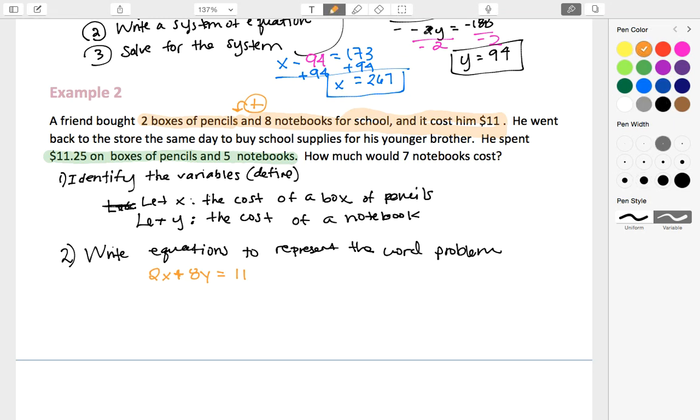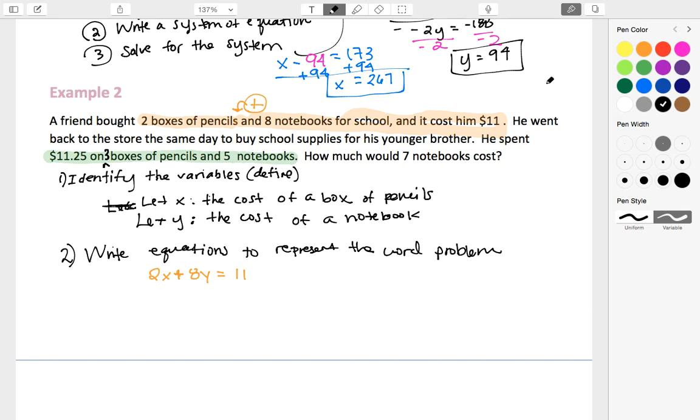Right here in this problem, it should say 3 boxes. It's okay. All right. So he spent $11.25 on 3 boxes of pencils and 5 notebooks.